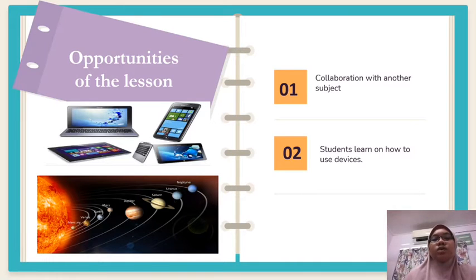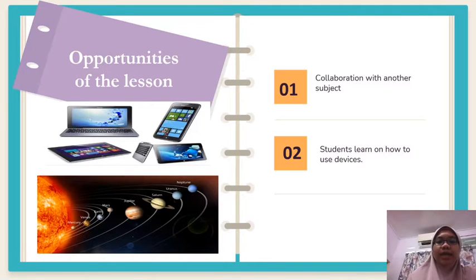From school, they have already learned how to use devices such as the laptop and the phone in a good way, because they have to access the lesson, answer the questions, watch the movie, and look at the flashcards.